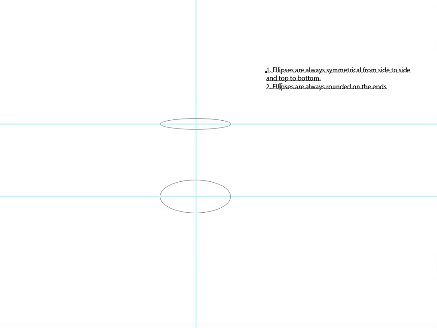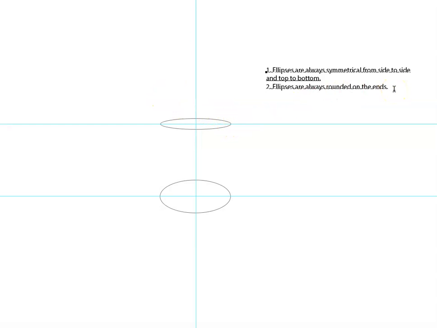Now, the only time this would not be the case would be if the ellipse was sitting exactly on the eye level line, in which case it would just be a flat line. And if it's very, very close to the eye level, it's very hard to get those perfect round ends. But as they get wider, you definitely need to have that rounded end.